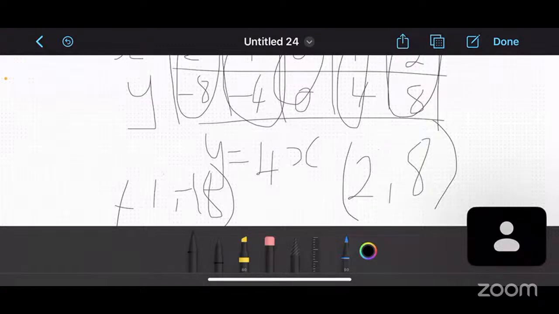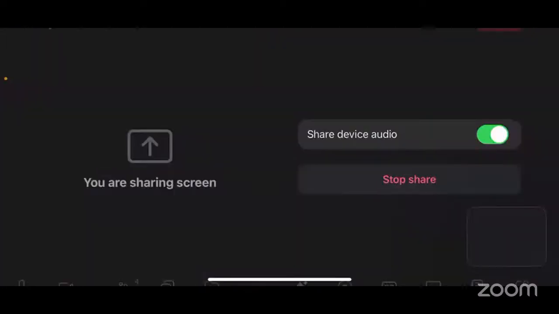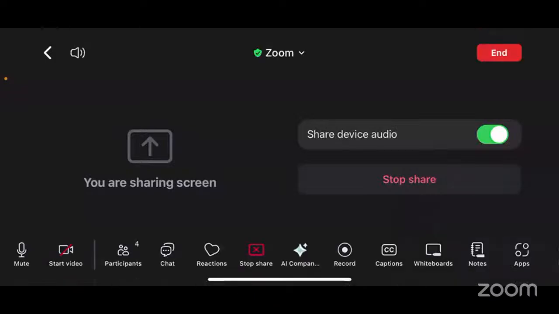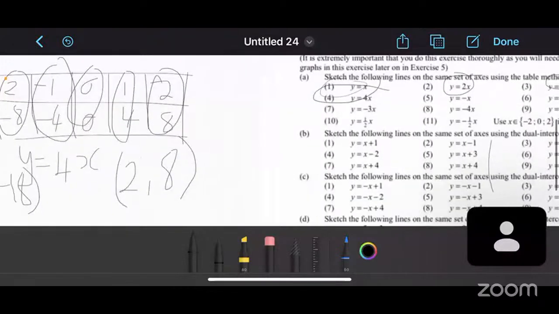No. Okay, I'm not sure if Callum is able to unmute the mic though. Yes, basically this is how you do it.